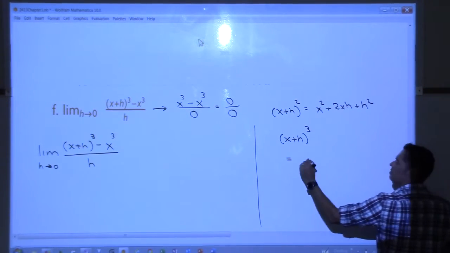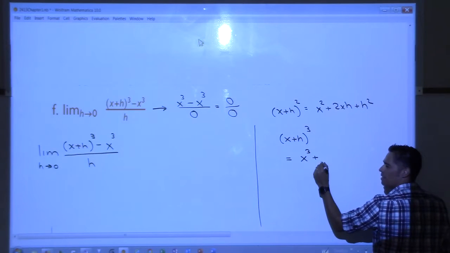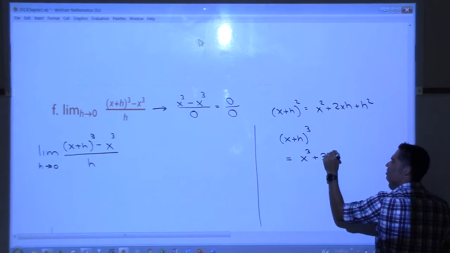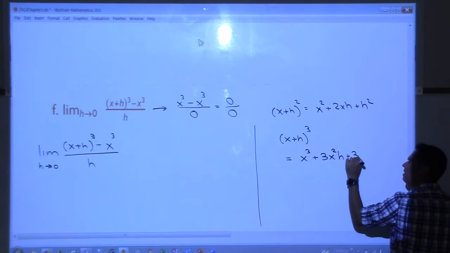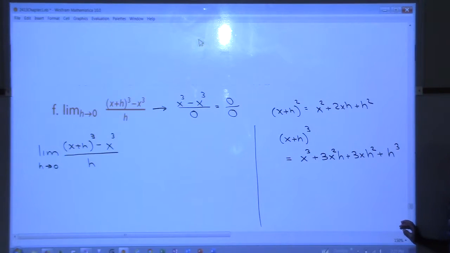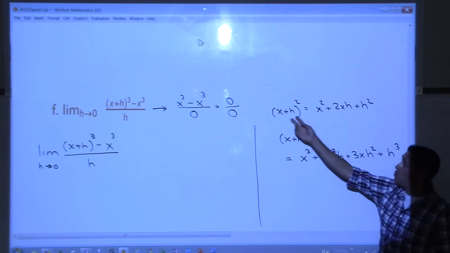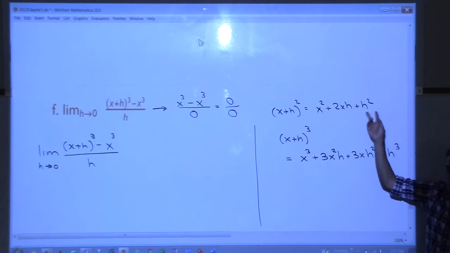So this one is x cubed plus 3x squared h plus 3xh squared plus h cubed. That's that one. I'm not asking you to memorize it, okay? I'm just wondering if anyone had it memorized. Because a lot of students have done this one so much that they've kind of burned it into their brains.